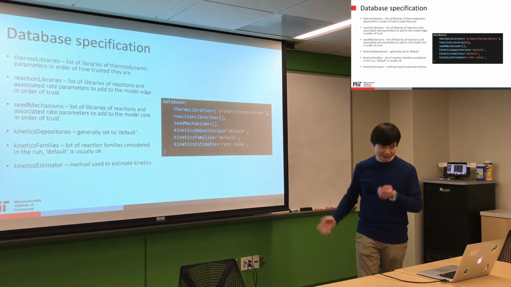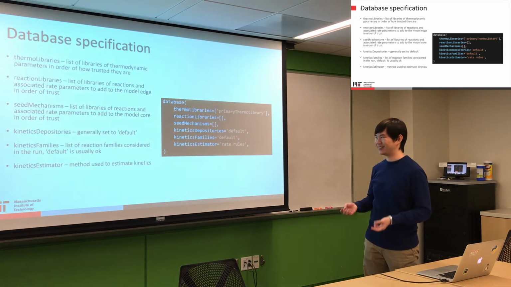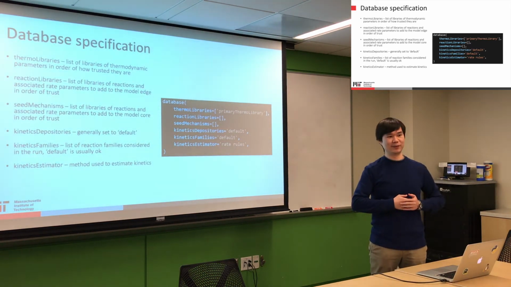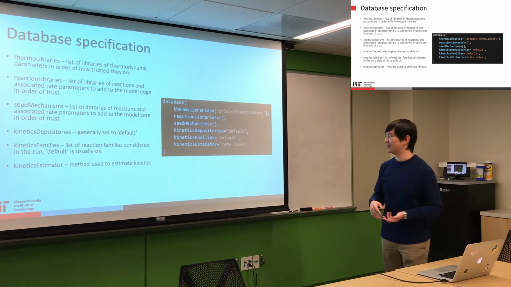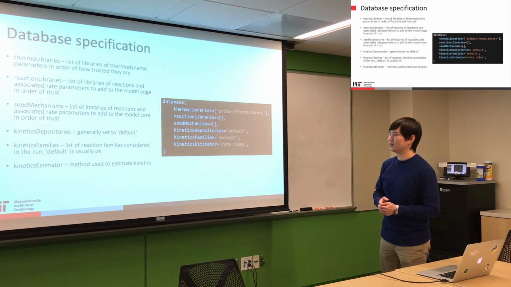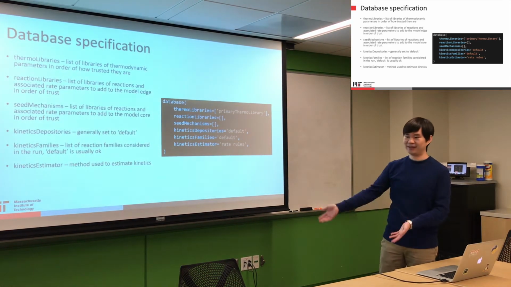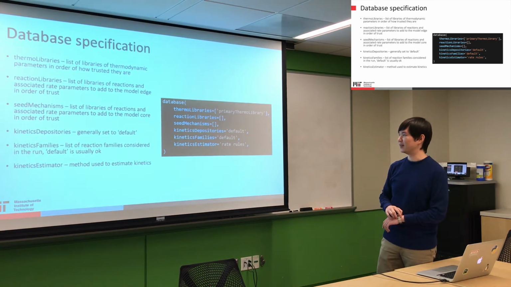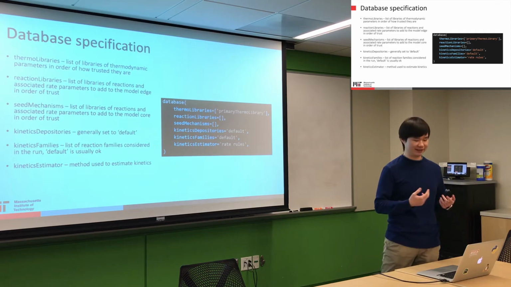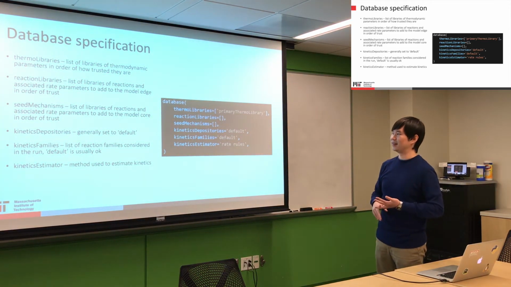So this is the syntax for all of the blocks. Now for the database block in particular, this is probably one of the most important blocks in your input file. This tells RMG which libraries and families to use in generating your model. Matt just now talked about various data sources in RMG, including thermo libraries, kinetics libraries, and then families and group additivity.